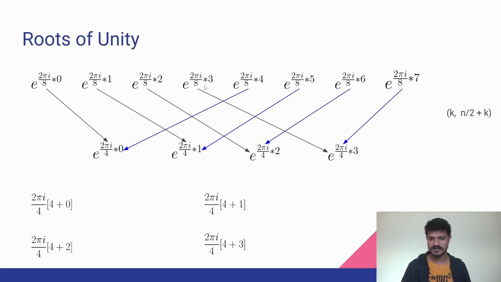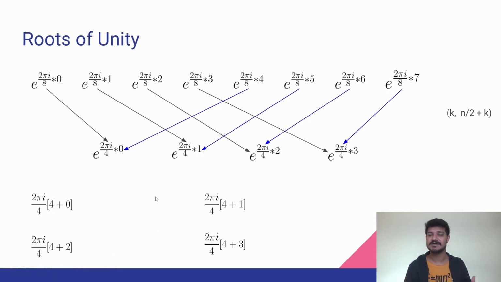We'll talk about the blue ones only, the remaining numbers which come after the half points we have done, right? So 2 pi by 8 times 4, 5, 6, and 7. That's what we have here. When you multiply these numbers by 2, you will have 2 pi i by 4, right? Times 4, 5, 6, and 7. That's what I have here: 2 pi i by 4, times 4, 5, 6, and 7, right?